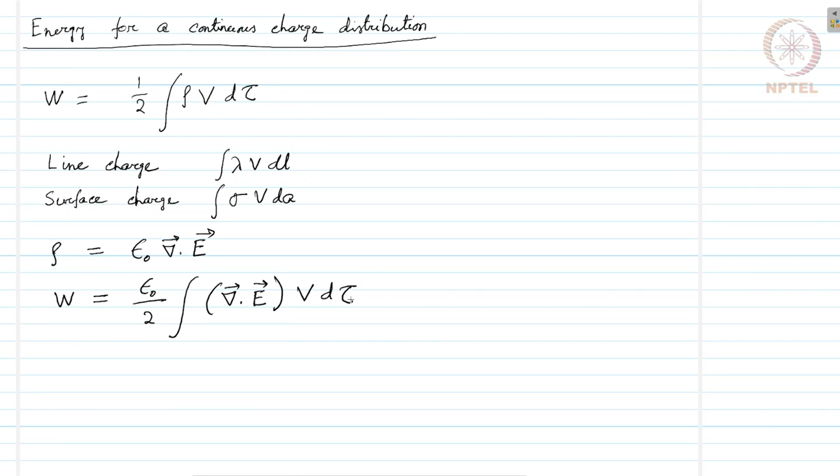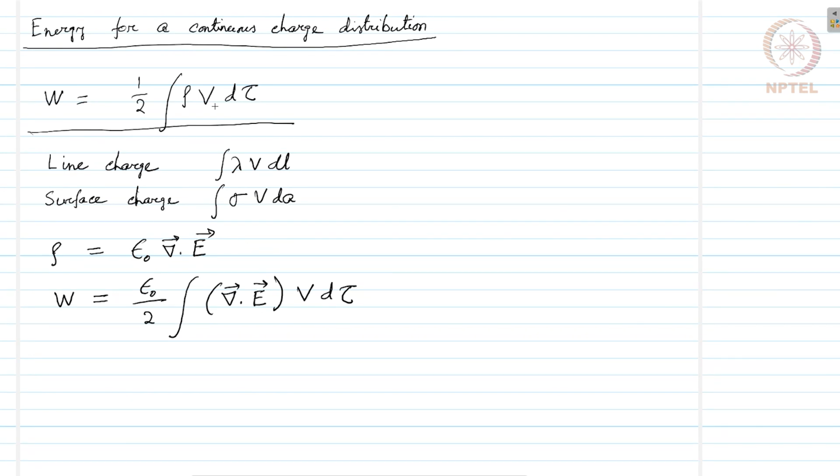From our consideration of point charges, we have seen that it is half times the sum over all point charges and the potential that gave us the work done to assemble this charge. That is how we have obtained this expression here. The work done for assembling a volume charge density rho over a given volume would be rho times the potential integrated over the volume, with a half factor in front.